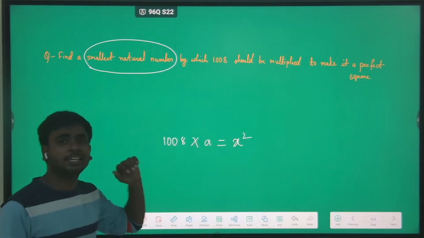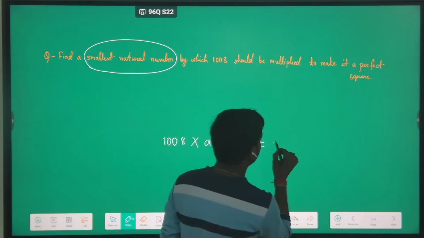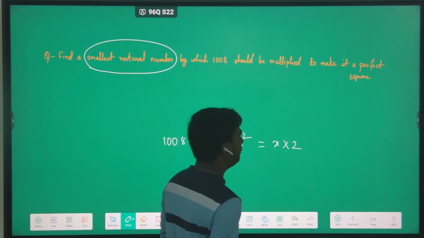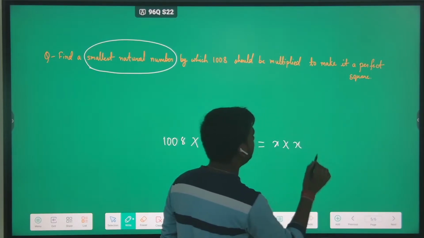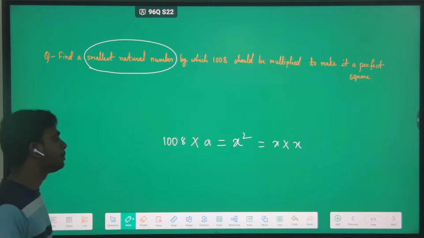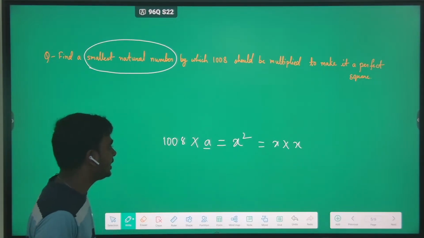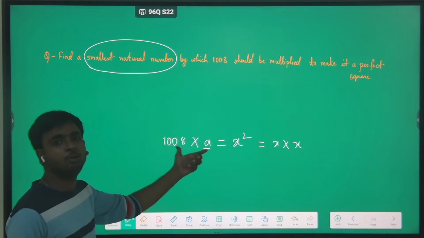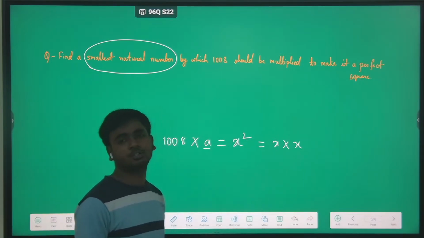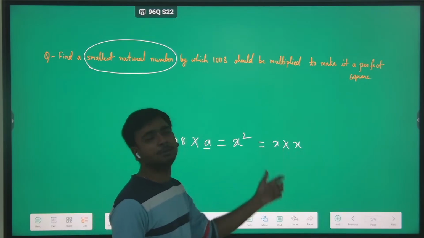It can be expressed as a number multiplied two times by itself. So we have to find a number a such that 1008 into a is a perfect square, the square of some number.